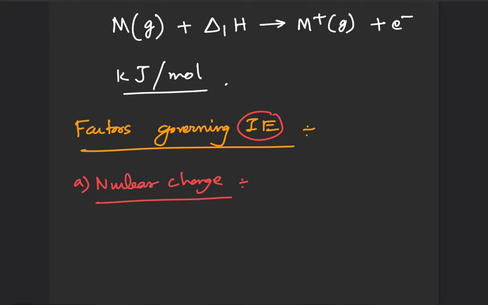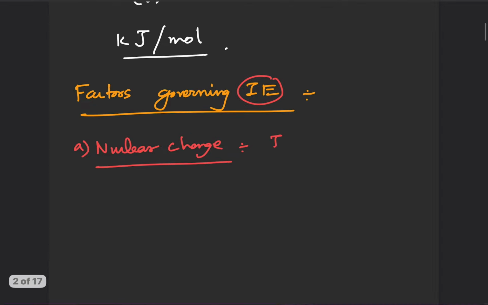Nuclear charge is basically the number of protons in the nucleus, or indirectly the power of the nucleus. So ionization energy increases with increase in nuclear charge. Very important. Because with the increase in nuclear charge, electrons of the outer shell are more strongly held by the nucleus.